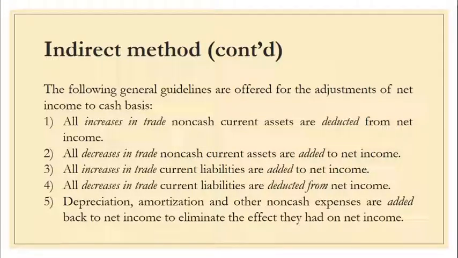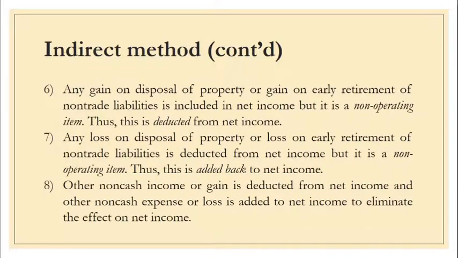Remember, we are starting with the net income using the accrual basis. So, to make it cash basis, we add back the deductions that were deducted from your net income but supposedly should not be deducted under cash basis because they are non-cash transactions. So that is your depreciation or amortization.